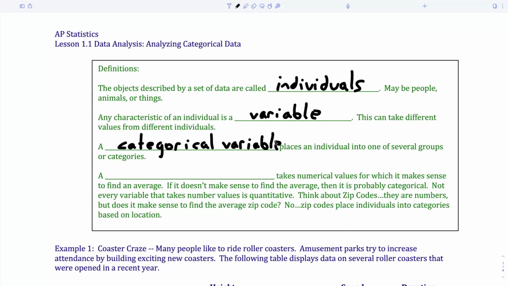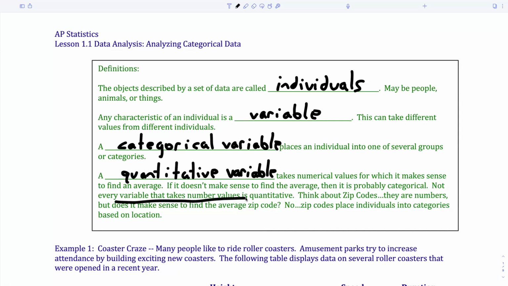On the other hand, we have a quantitative variable. It takes numerical values for which it makes sense to find an average. If it doesn't make sense to find the average, then it is probably categorical. Not every variable that takes number values is quantitative. So think about zip codes.